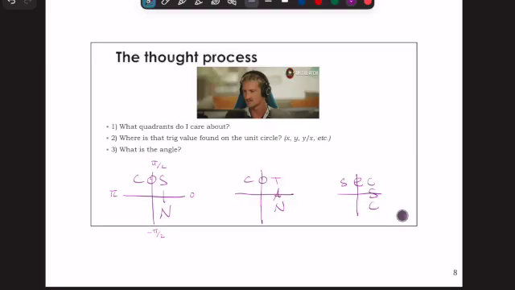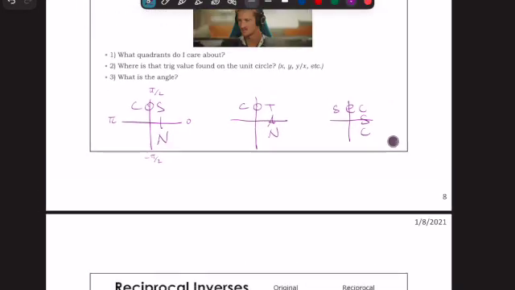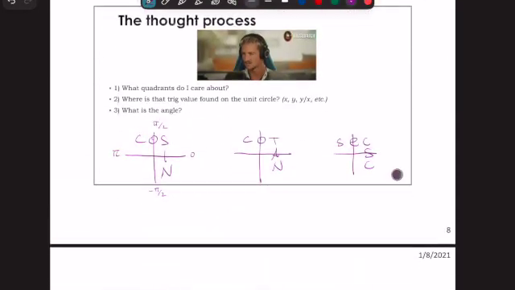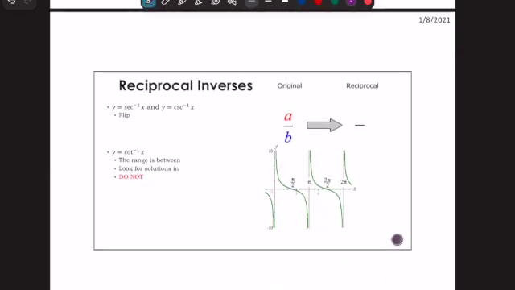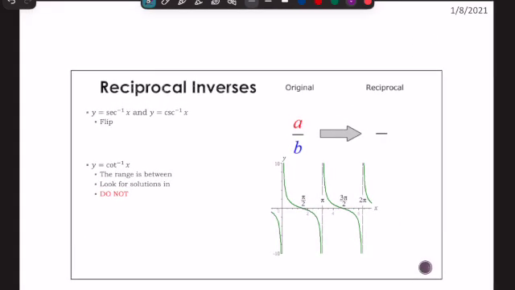So you can kind of remember what parts of the unit circle you can use using that idea. So what happens if we have arc secant of x? Well, we just flip the function and ratio back into appropriate reciprocals.